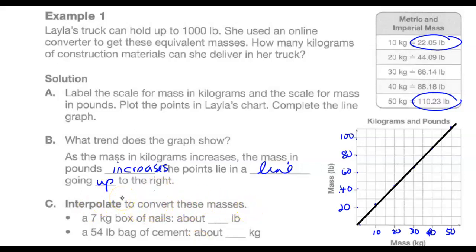Interpolate means find values between any two given values. So a 7 kilogram box. So 5 kilograms there, 7 would be about here. Okay, and then if you go across to pounds, that's going to be between 10 and 15 pounds.